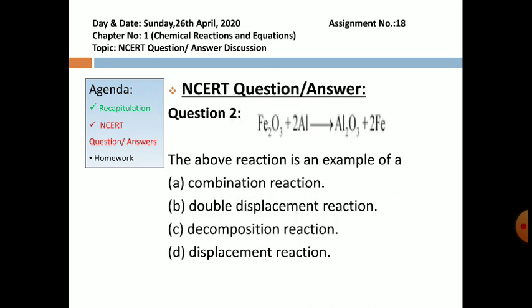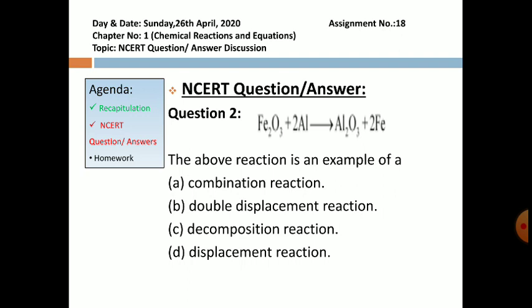Coming to the second question. The reaction is Fe2O3 plus 2Al gives Al2O3 plus 2Fe.